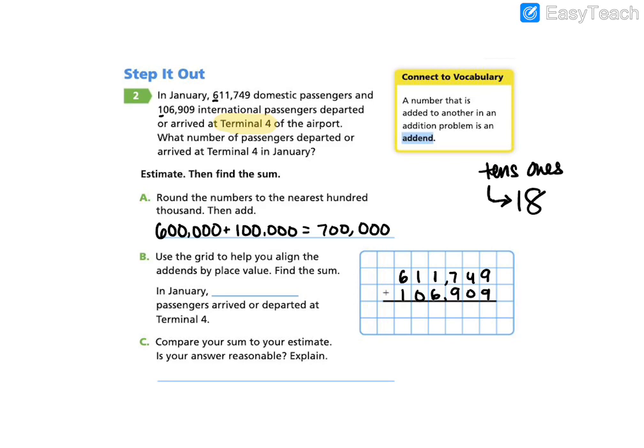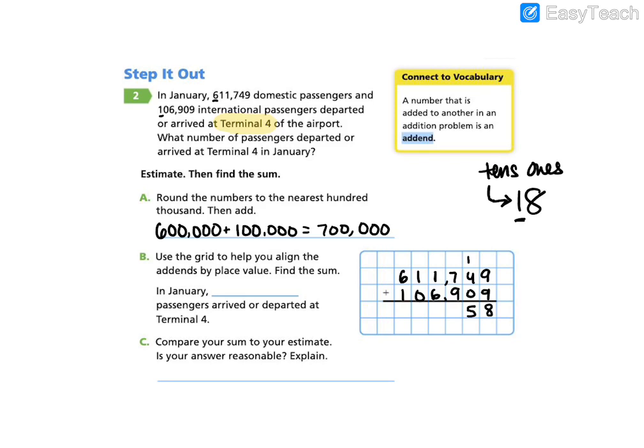We're going to regroup this 10 ones as 1 ten. So we show our 8 ones and our 1 ten in the tens place. When we add up our tens place, we're going to add that 1 ten that we regrouped from the ones place. So 1 ten plus 4 tens plus 0 tens is 5 tens.